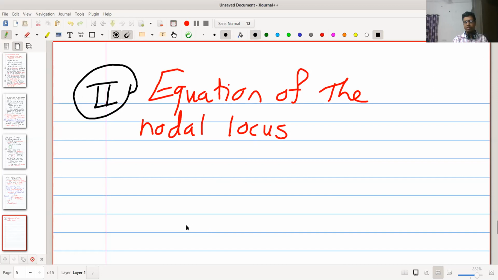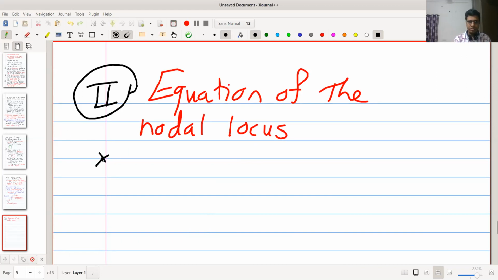So again we consider the same differential equation, 1, that is f of x y p equal to 0, and its general solution given by 2, that is phi of x y c equal to 0.